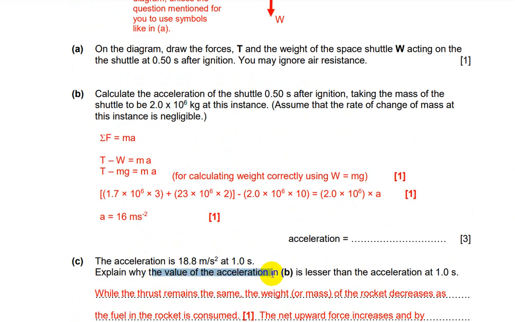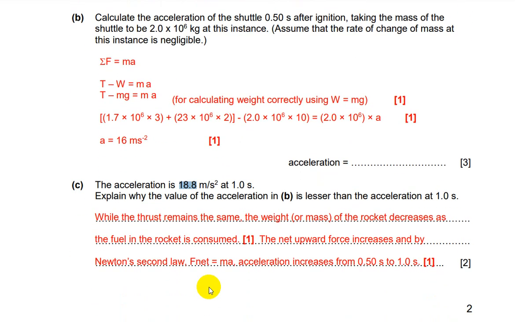Explain why the value of acceleration in B is less than acceleration at 1 second. So acceleration at B is at 0.5 seconds. So later on, how come its acceleration gets larger? This one is something that you never learned before, so I'll just go through with you. In general, for rockets, fuel is a very large part of their weight.